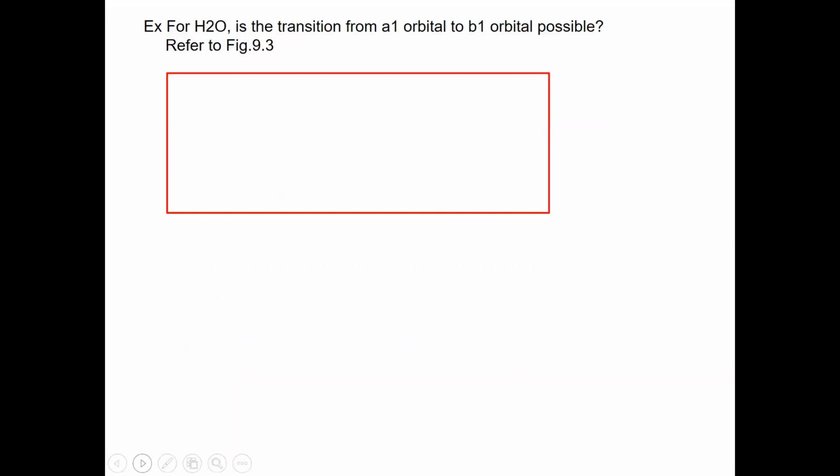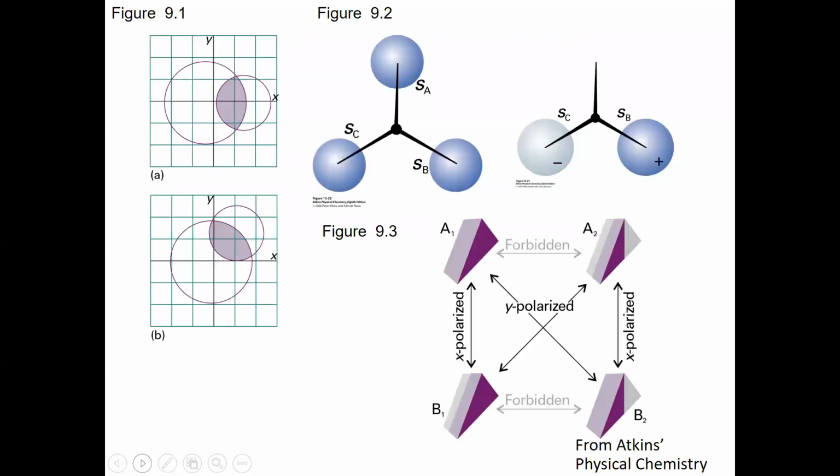So finally, let's take an example of H2O, water. Is the transition from an A1 orbital to a B1 orbital possible or not? There are many different transitions you can think of.